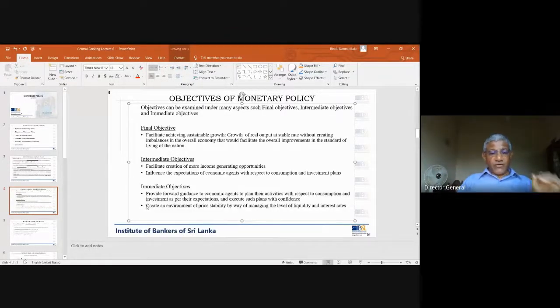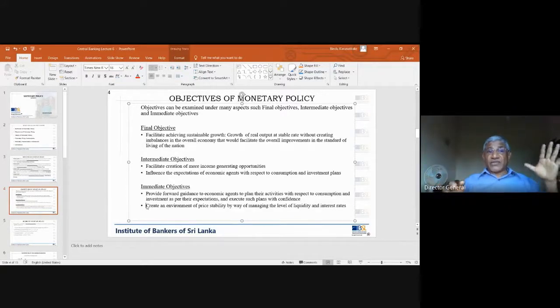What is price stability? Earlier also we discussed, price stability is not defined as maintaining the same price. Last time we discussed that price stability might mean that if you had some price in 2019, you have the same price in 2020. But here, be very careful. Price stability does not mean maintaining the same price.